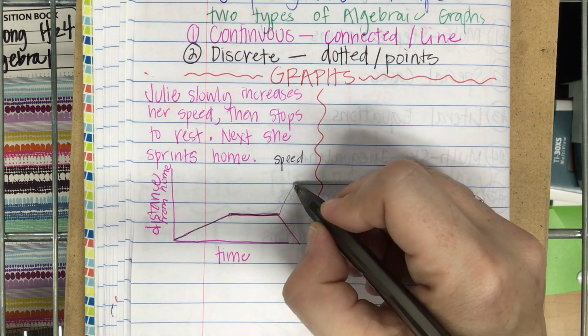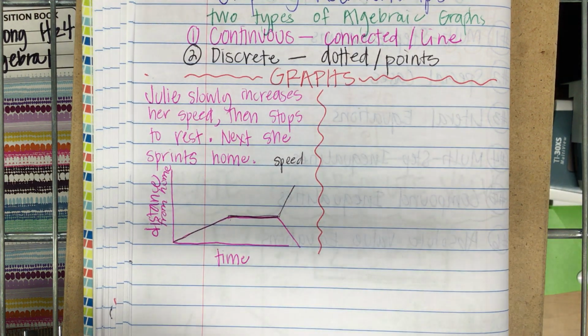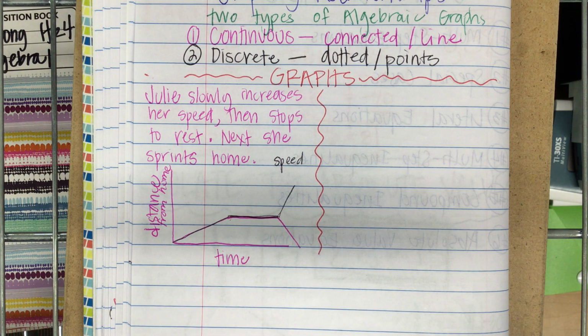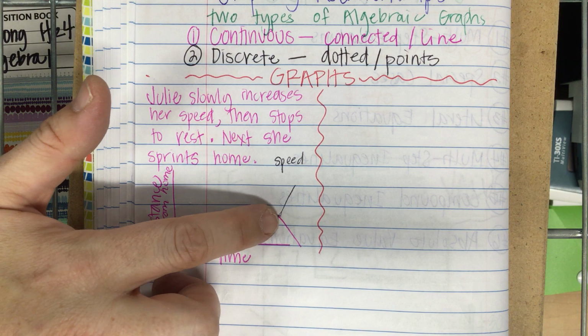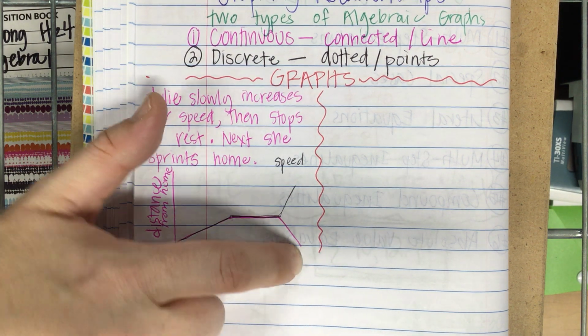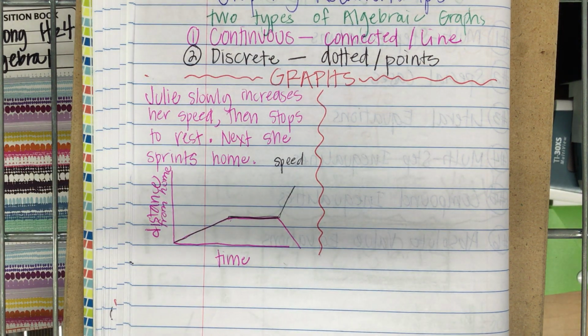It would go sharply up because I'm graphing her speed. If I was graphing her distance away from home, well, she's getting further away from home. She's staying the same distance, and then she's quickly getting closer to home. So it depends on what your labels are and what your graph looks like, what you're being asked to measure.